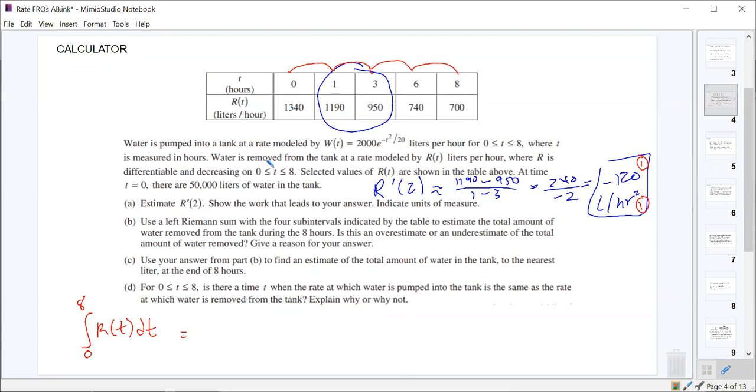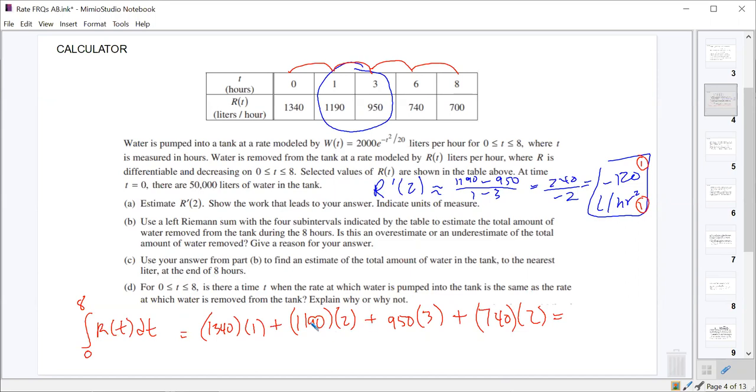So the first one should be a height of 1,340 times a width of 1 from 0 to 1. The next one should be a height of 1,190 times a width of 2, or 3 minus 1. Then the next one should be 950 times a width of 3 from 3 to 6, and 740 times a width of 2 from 6 to 8. What does that come out to be?